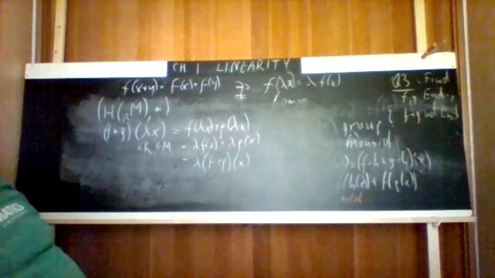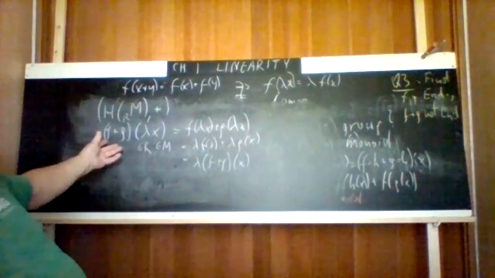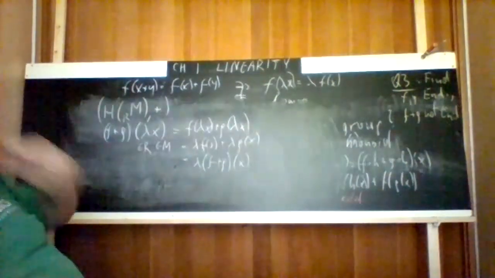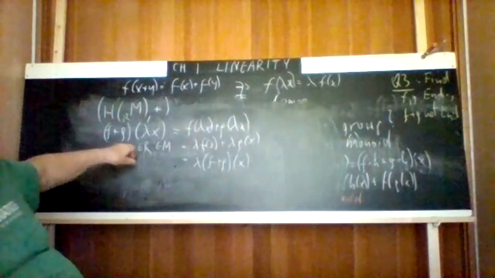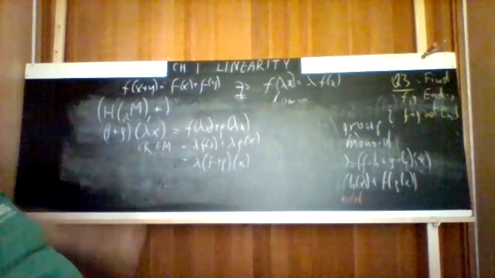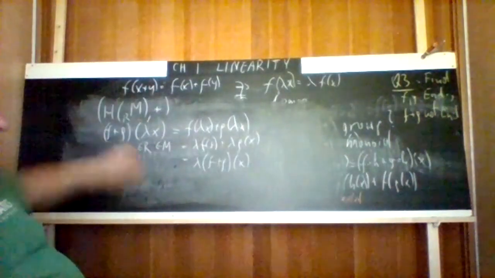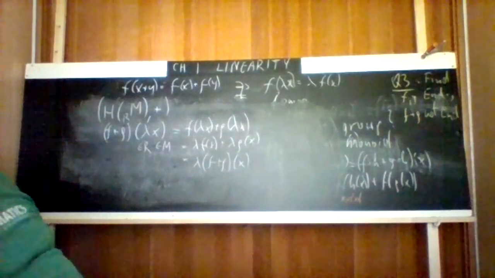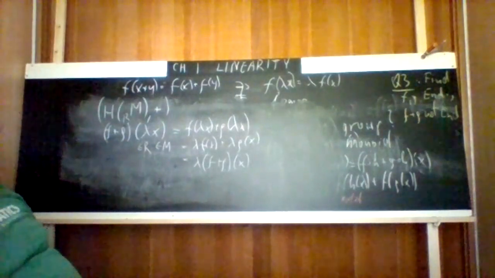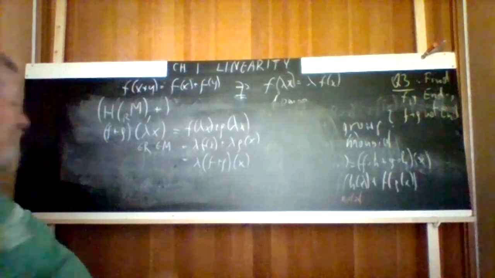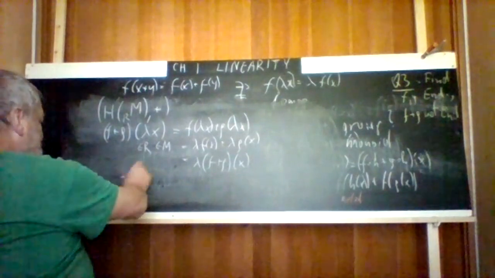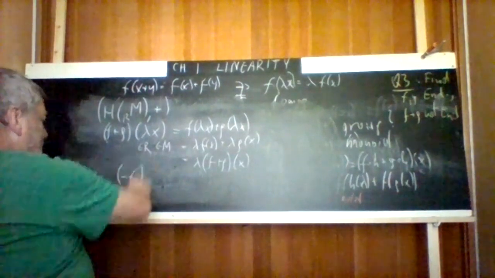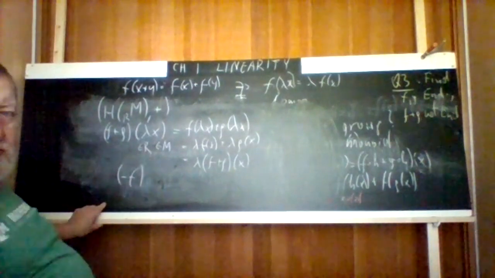The next thing is, what about the associativity of addition? It's always associative. The zero map is here. What about minus? That was a crucial point before as well. What about minus f? Is this again homogeneous?